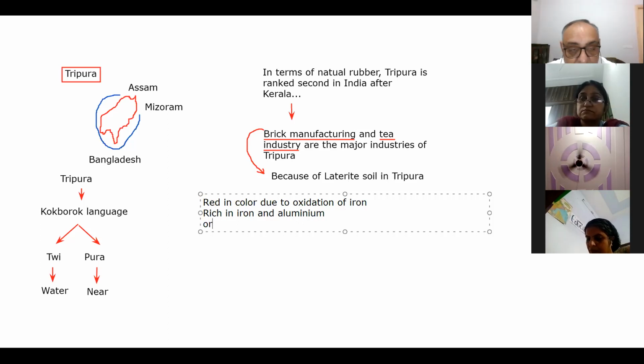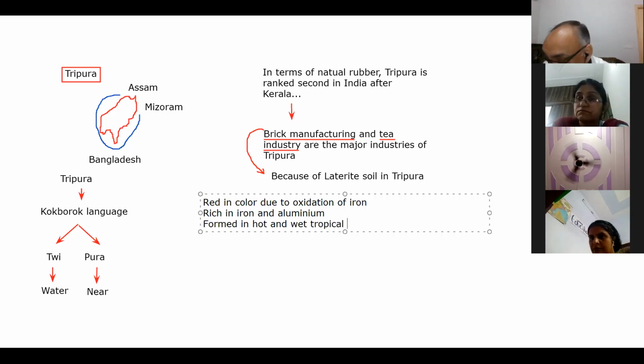Third, they are formed in hot and wet tropical areas.